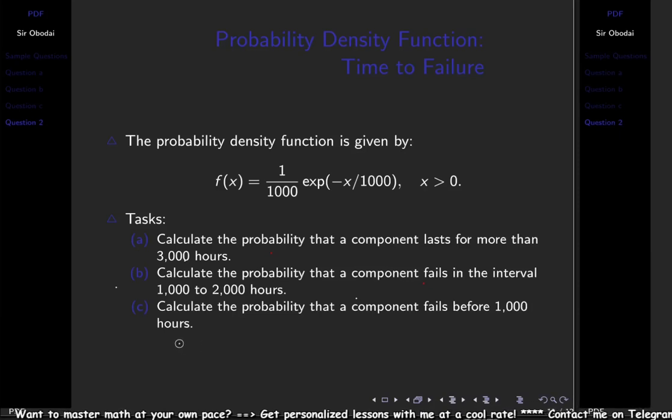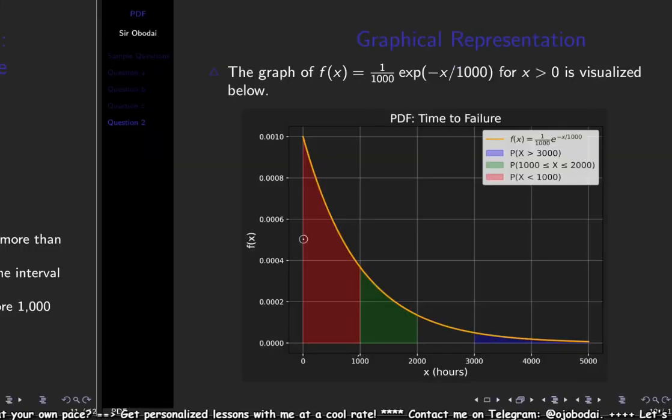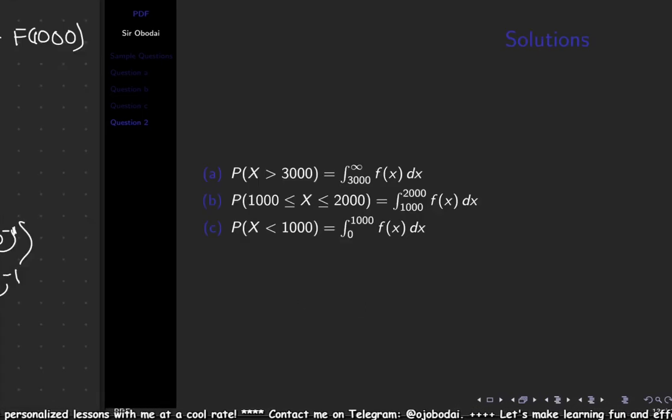It says we have to calculate the probability that the component fails before 1,000 hours. You have to calculate that it will fail before that. So before that now represents all this red region over here. So how do we go about that as well?